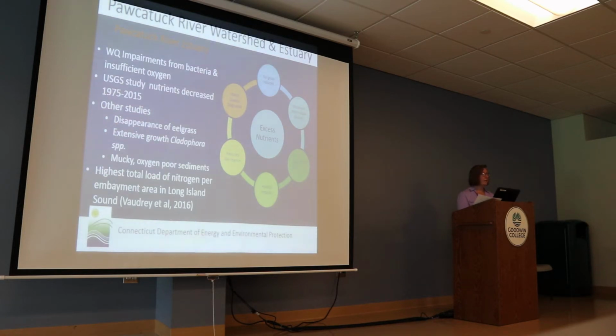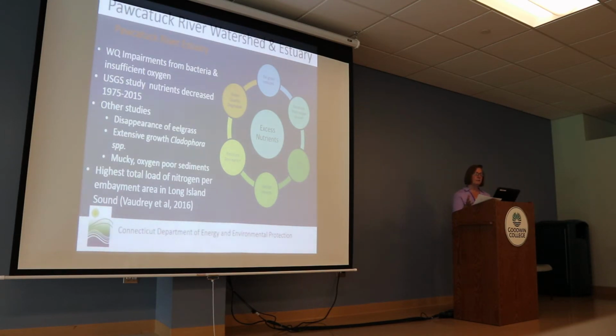And when Dr. J.B. Vaudry from UConn was doing her study to evaluate the nutrient loadings and ranking them for different coastal embayments in Connecticut, the Pawcatuck River unfortunately got the dubious distinction of having the highest total load of nitrogen per embayment area.